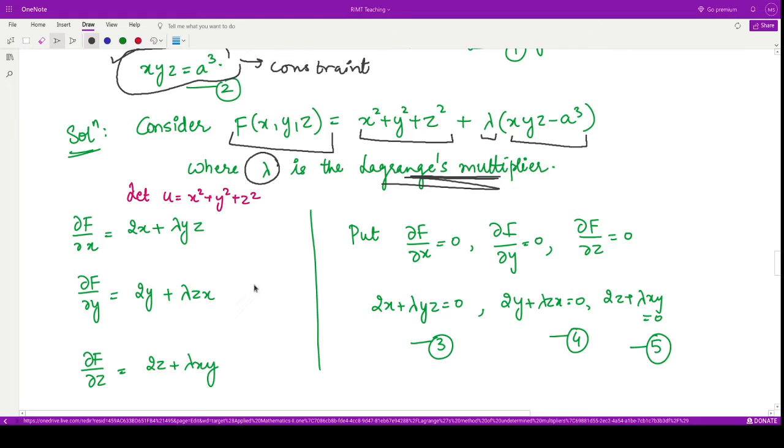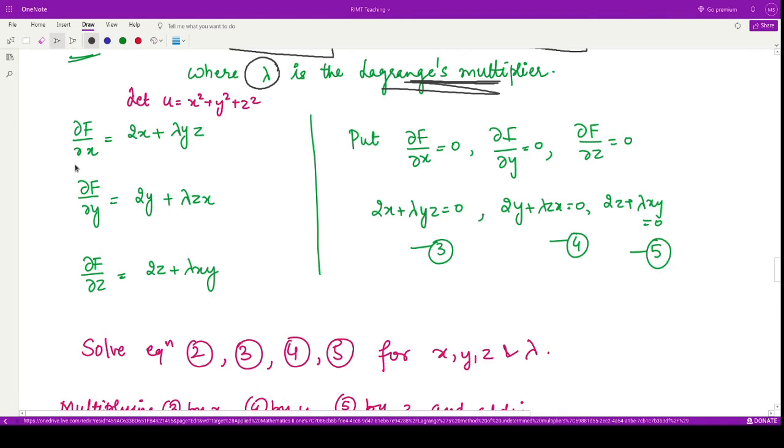Next we calculate the partial derivatives of capital F with respect to x, y and z. You have capital F, so you can very easily calculate these derivatives. When you calculate with respect to x, you keep y, z and lambda as constants.